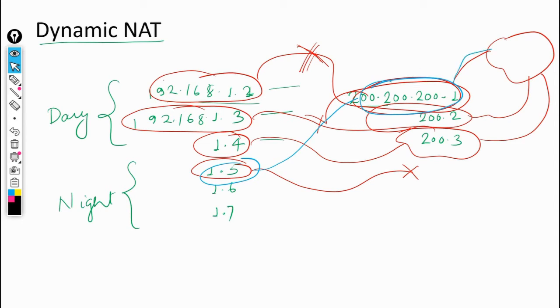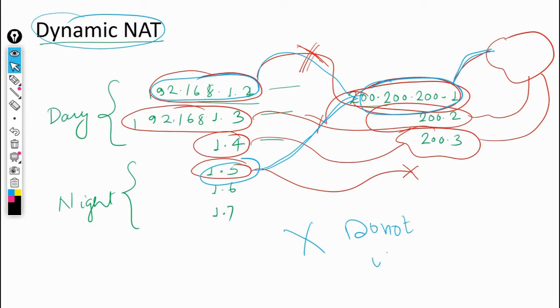So in the daytime, this person was using one IP address to reach the internet, and in the night time, this person is using the same IP address to reach the internet. This is the benefit of dynamic NAT, but still it is not so popular and we do not use it. Now you might be thinking, if we do not use it and it is an obsolete technology, why are we learning it?